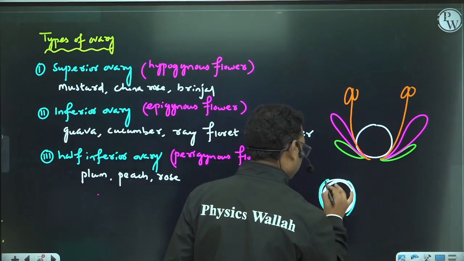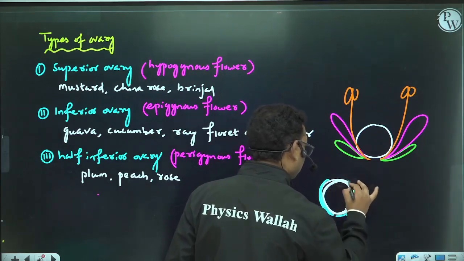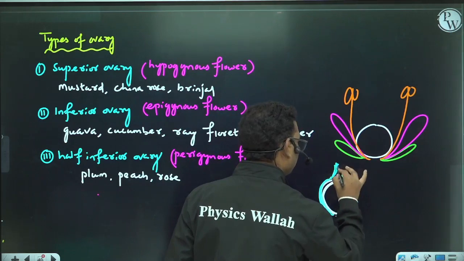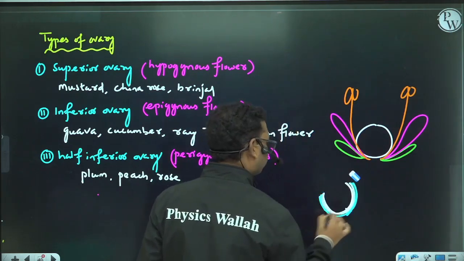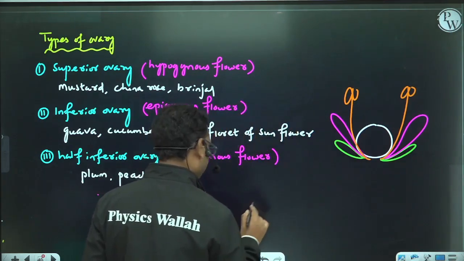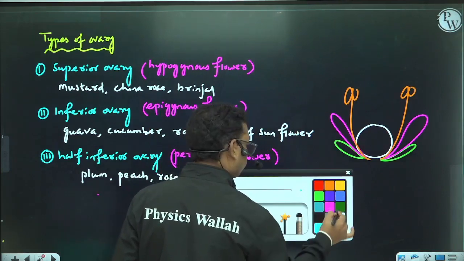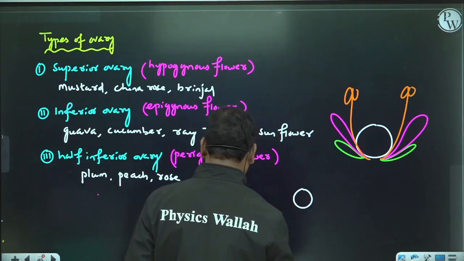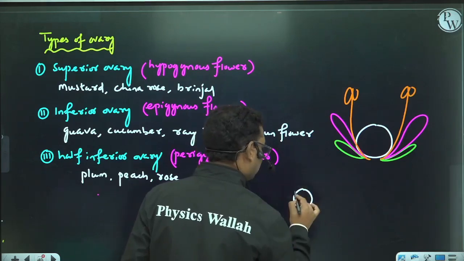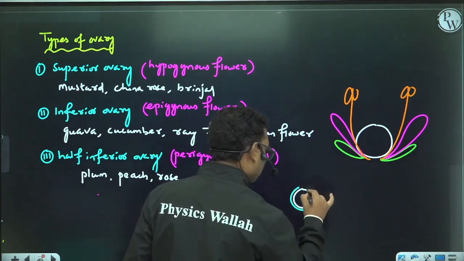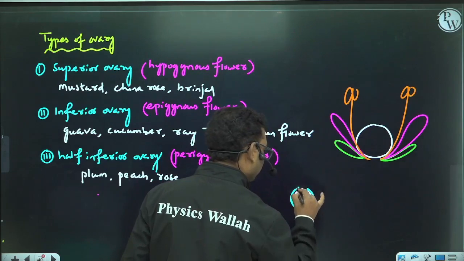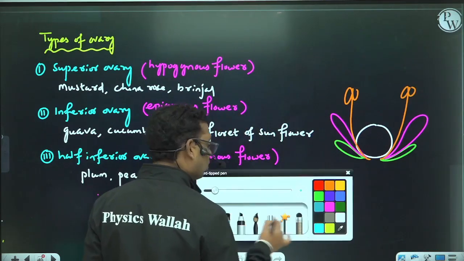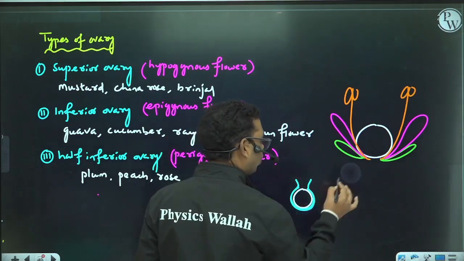This is the thalamus, completely fused with the ovary, like this. And from here sepals and petals will be developing.